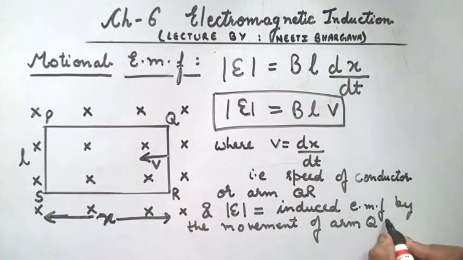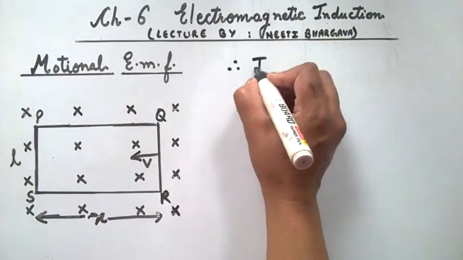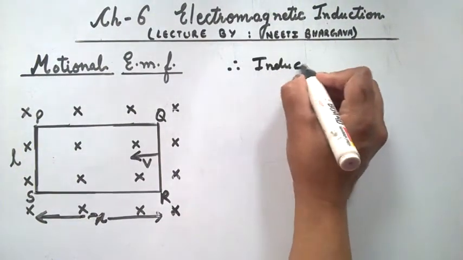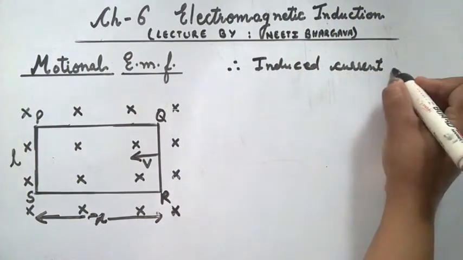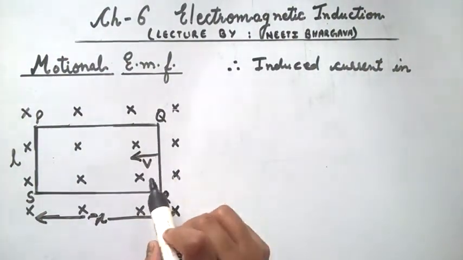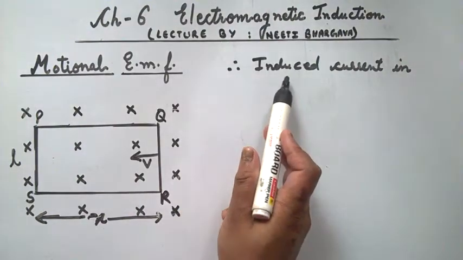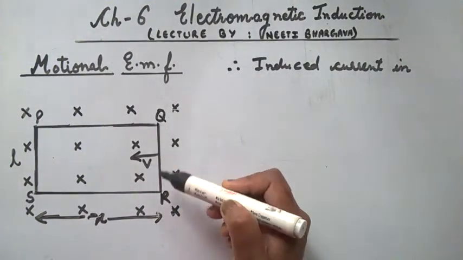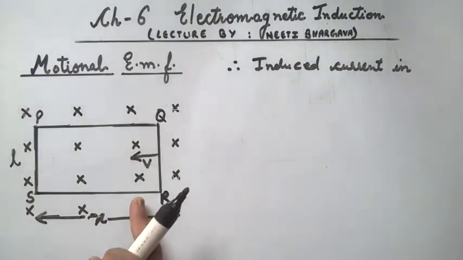Therefore, induced current in a loop: now this loop is behaving like an electrical circuit as it contains induced EMF, thus it has induced current and it has some considerable resistance.